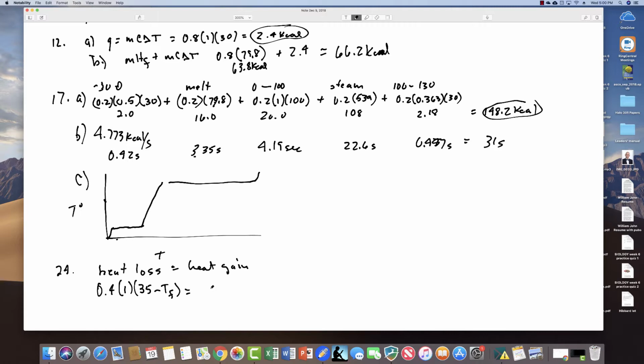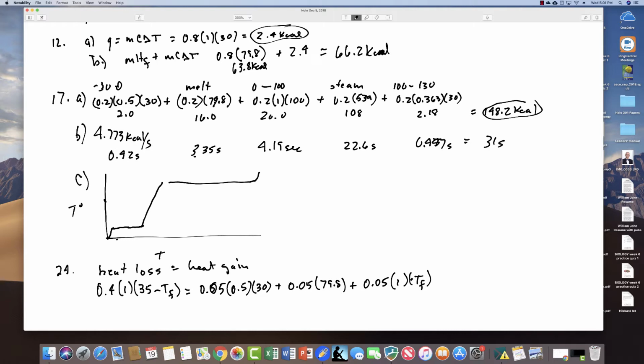And that's going to equal, first of all, you have to heat the ice up. So that's 0.05 times 0.5 kilocalories per kilogram times 30 degrees to get it to 0 degrees, plus 0.05 times 79.8 to melt the ice, plus 0.05 times 1 times the change in temperature, which is the final temperature minus 0, so it's just going to be the final temperature.